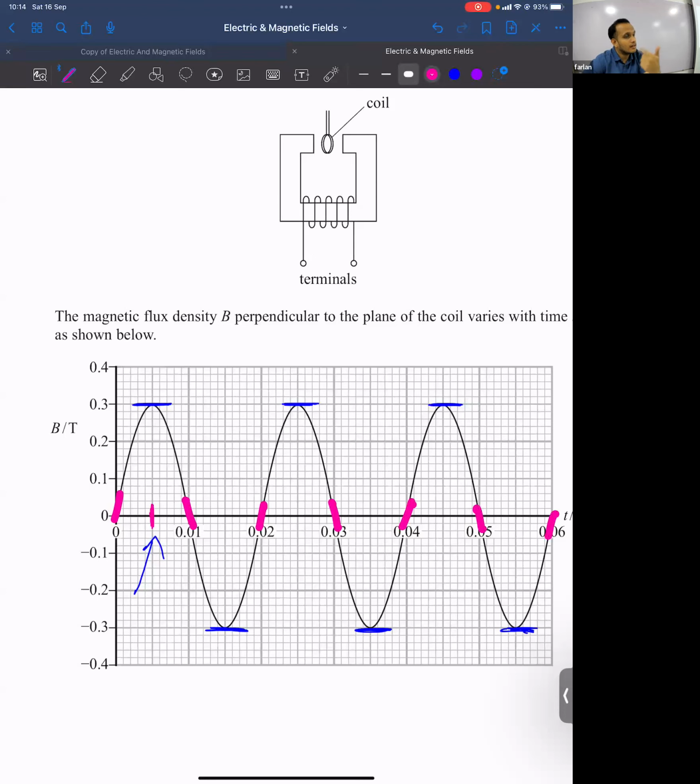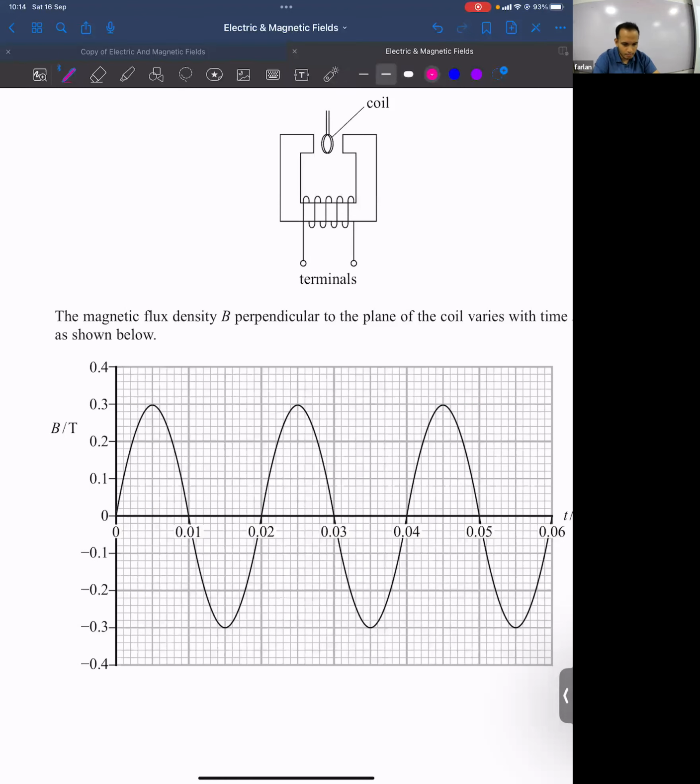But the rate of change is maximum. Because if you look at the graph, those are the points where the gradient of the graph is maximum. The slope is maximum. Understood? Those are the points. The gradient is maximum.